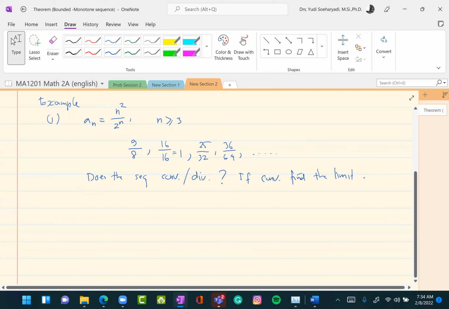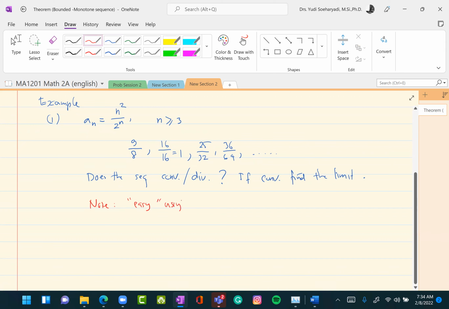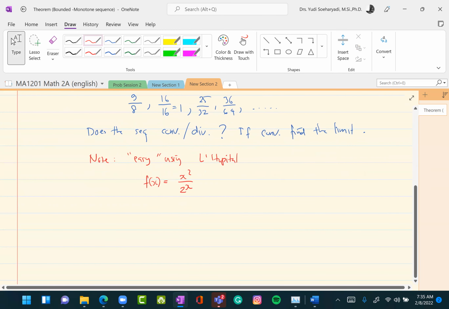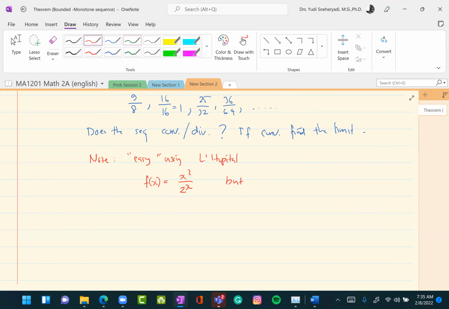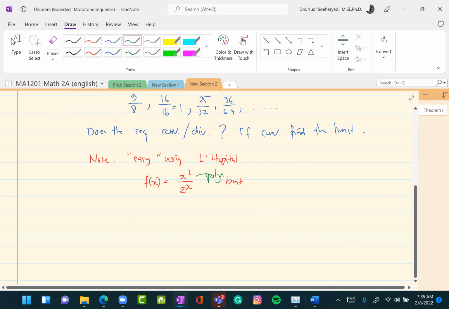Okay, so that's the basic idea. In this case you pretend this is a function. Okay, so this is the intuition. This is a polynomial. This is an exponential.